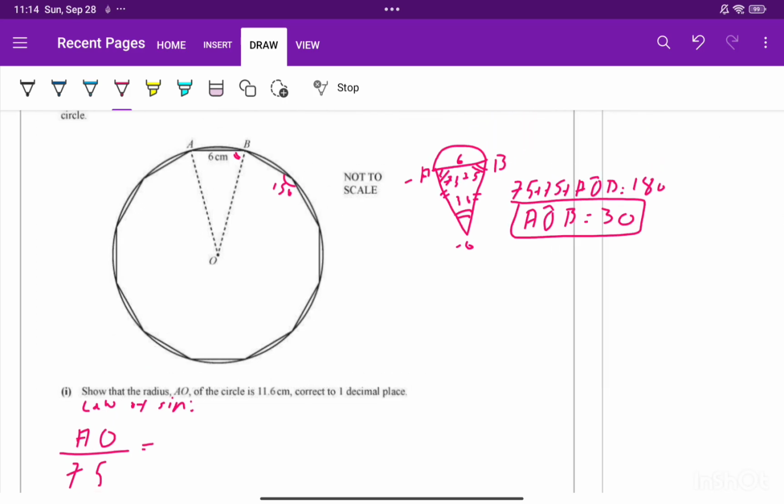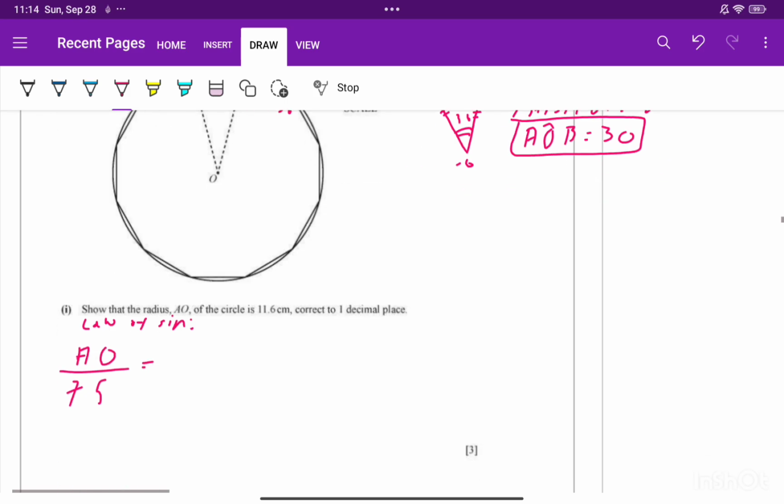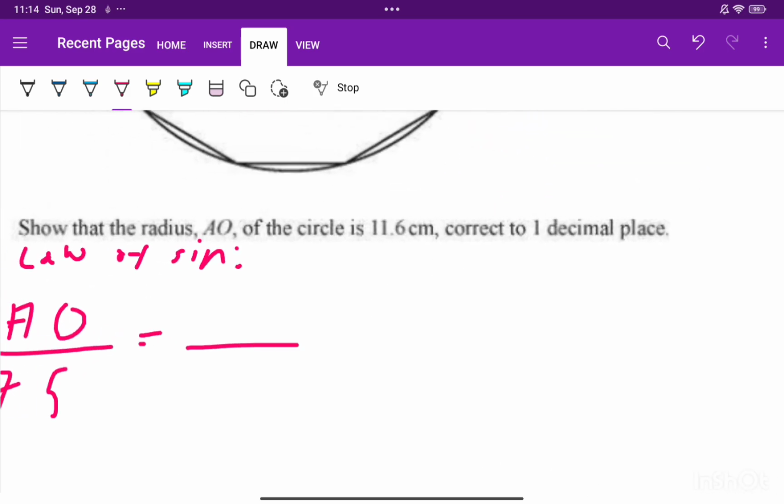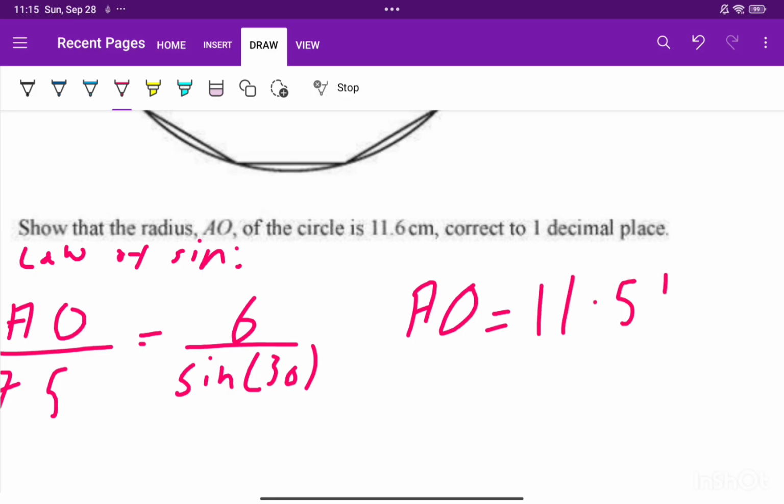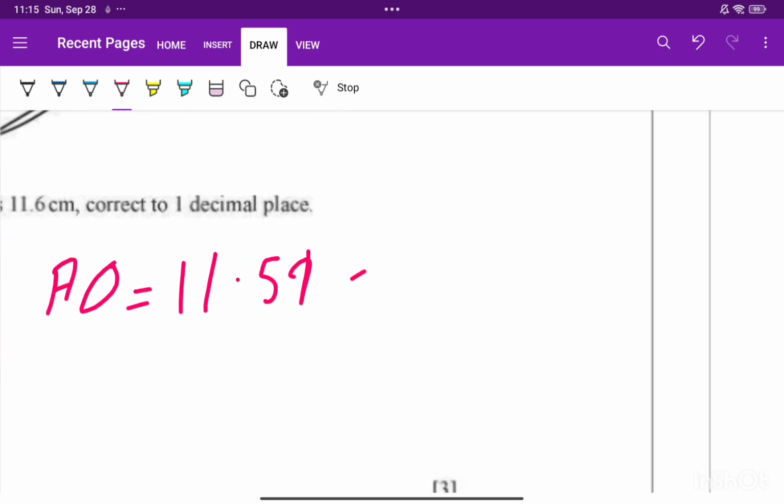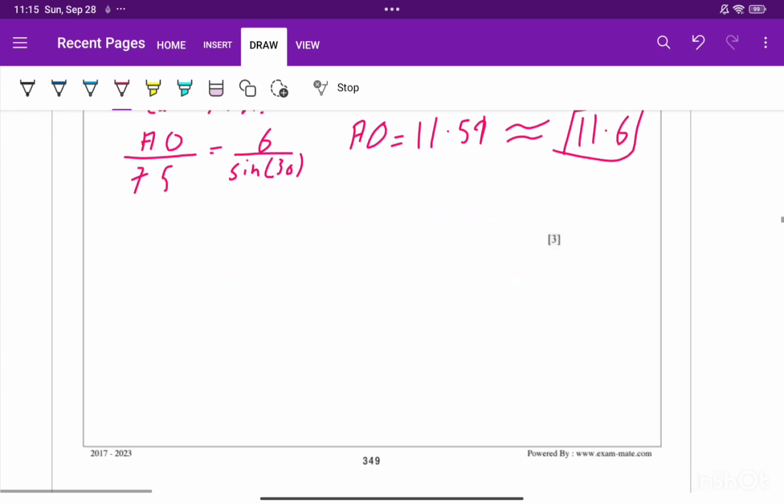And AOB is 30 and AB is 6. So AO over sine 75 equals 6 over sine 30. So we can find AO, which will be 11.59, which will round up to 11.6. This is our answer.